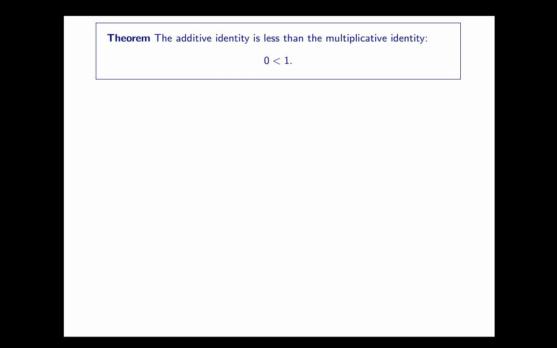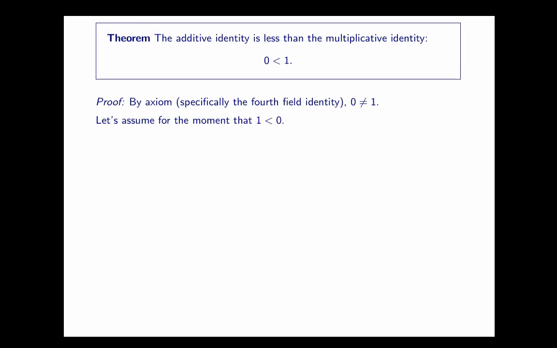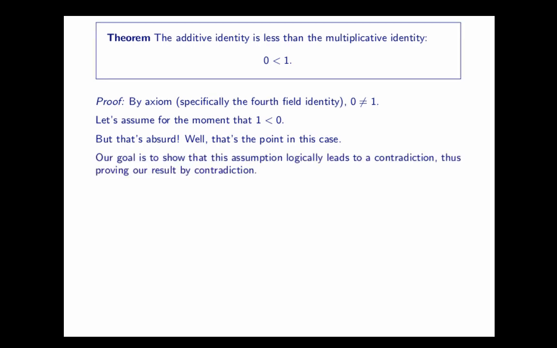we can prove the theorem that the additive identity is less than the multiplicative identity. So by axiom, specifically the axiom on identities, the additive and multiplicative identity cannot possibly be equal. So let's assume for the moment that 1 is less than 0. But that's absurd. Well, that's actually the point in this case.